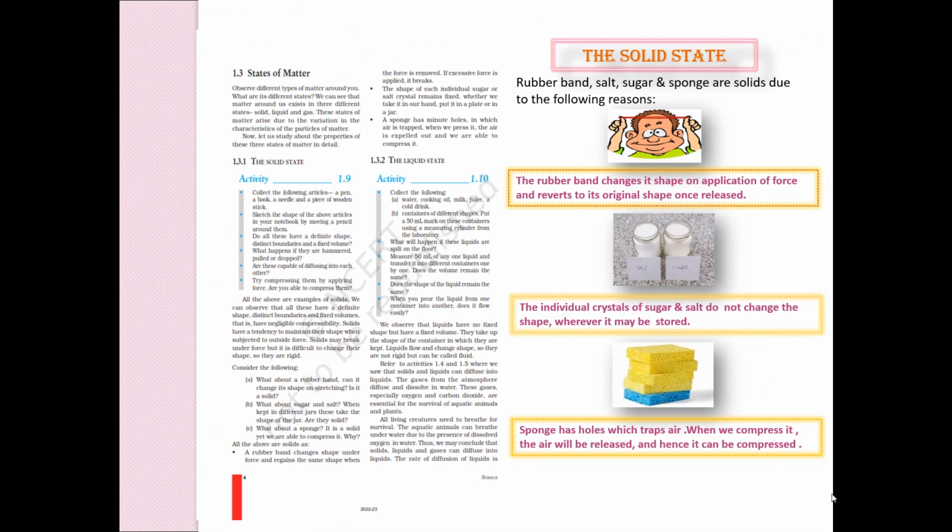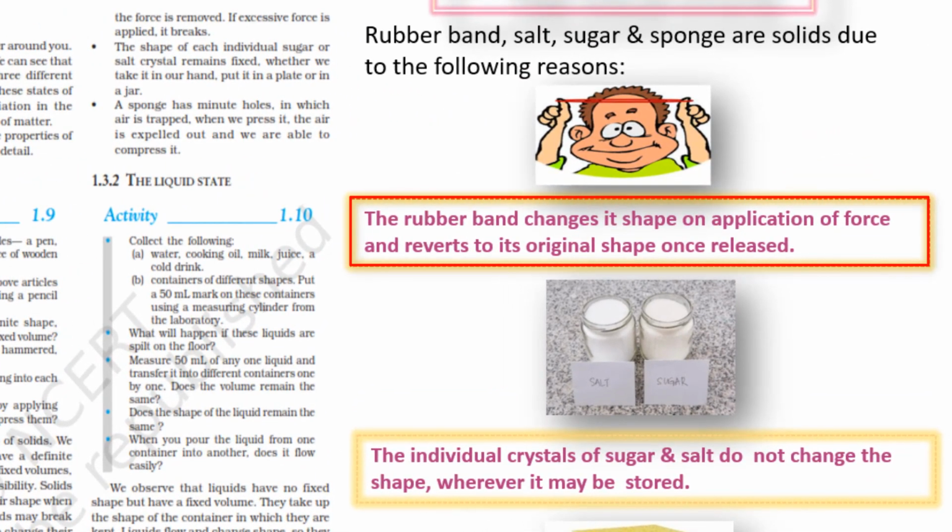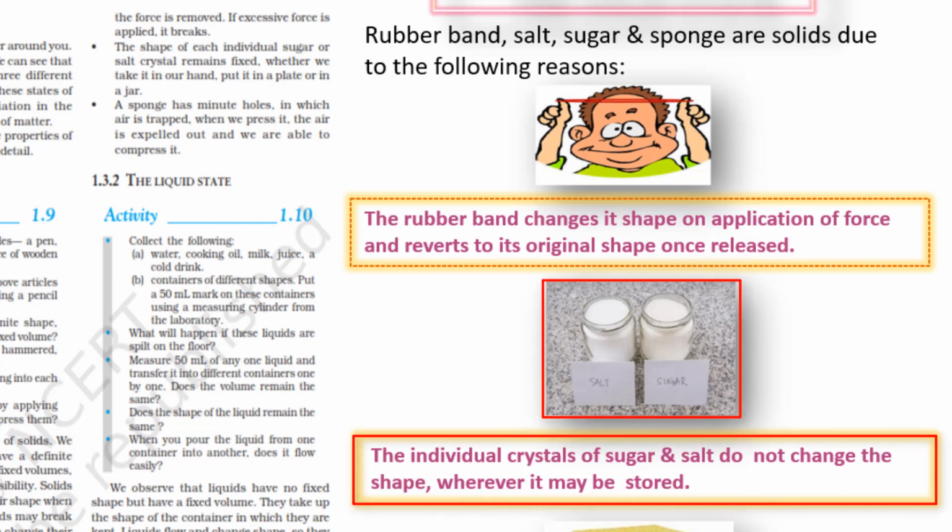In my opinion, I will still consider the rubber band, salt, sugar and sponge as solids due to the following reasons. The rubber band changes its shape on application of force, which is temporary, where it reverts back to the original shape once released. The second 2 examples, that is salt and sugar.